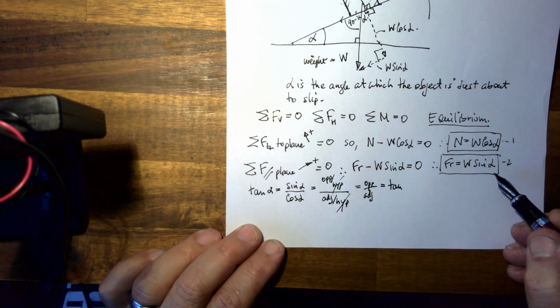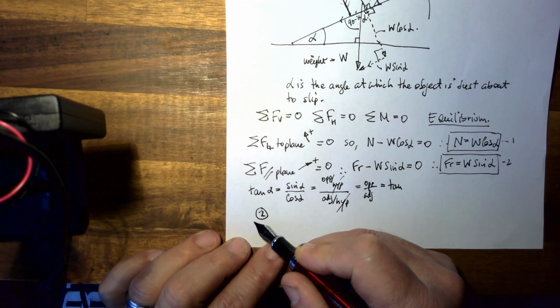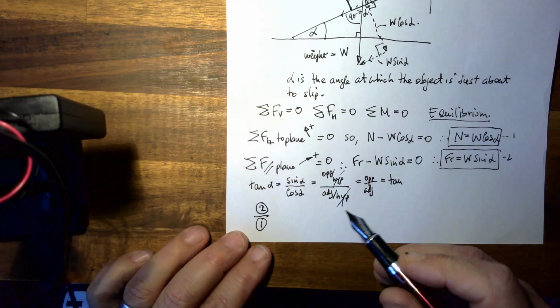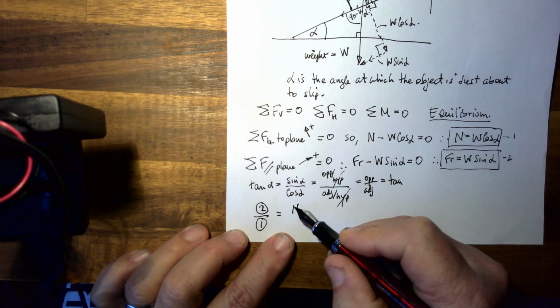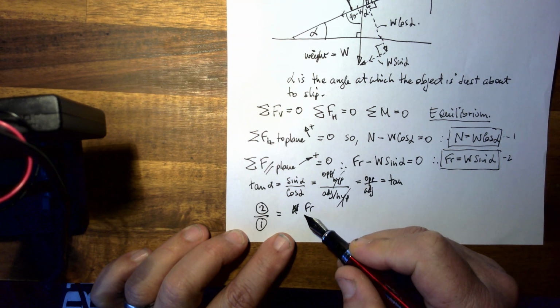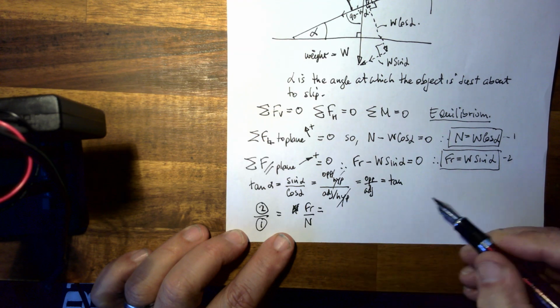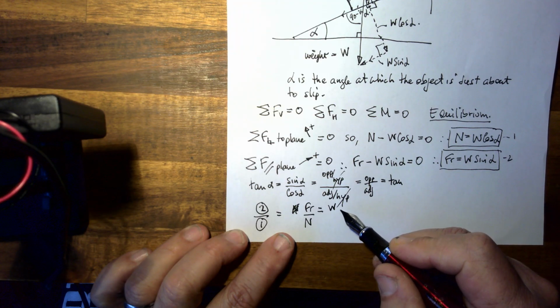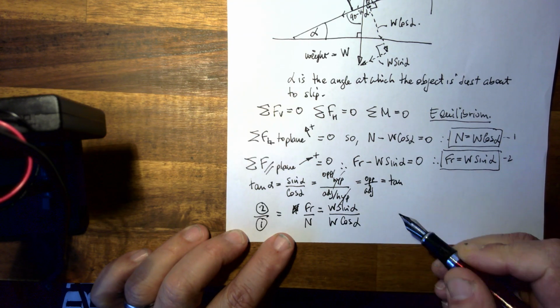So if I divide equation number 2 by equation number 1, I'm going to get FR divided by N is going to equal W sine alpha divided by W cos alpha.